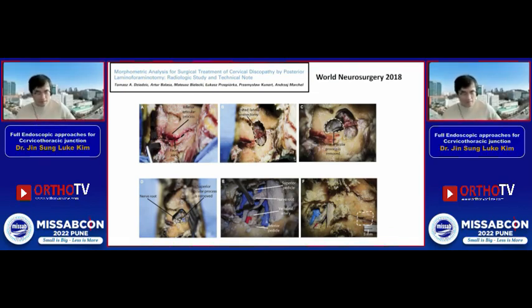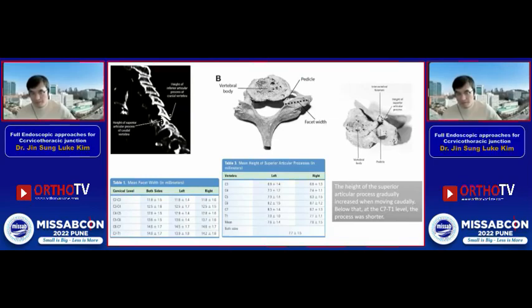So this is a pretty interesting paper about the morphometric analysis for surgical treatment of cervical posterior foraminotomy, published a couple of years ago. So we need to know the anatomical, morphological shape compared to the other subaxial cervical spine about the SAP height and facet joint width, like that.